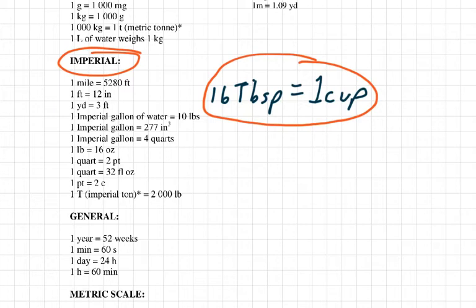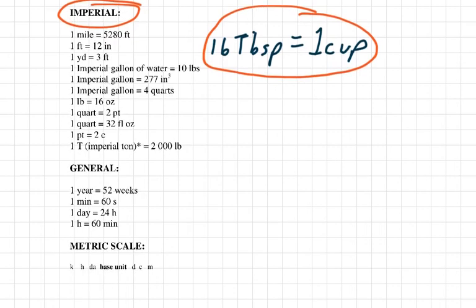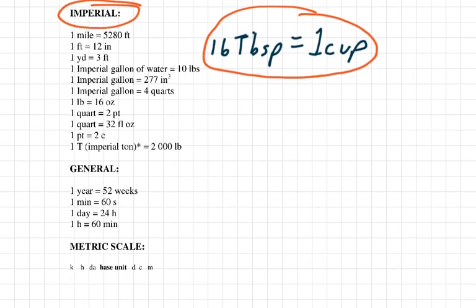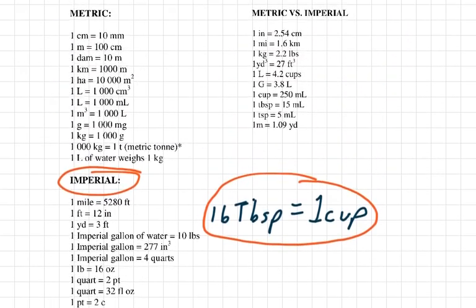So you're going to find whatever unit you're given, and you're going to try and weasel or decide which way you'll go to get to the next unit. So you've got to have this sheet available to you at all times doing these conversions. You'll even see at the bottom there's the metric scale right there, and then at the top here we've got the metric.